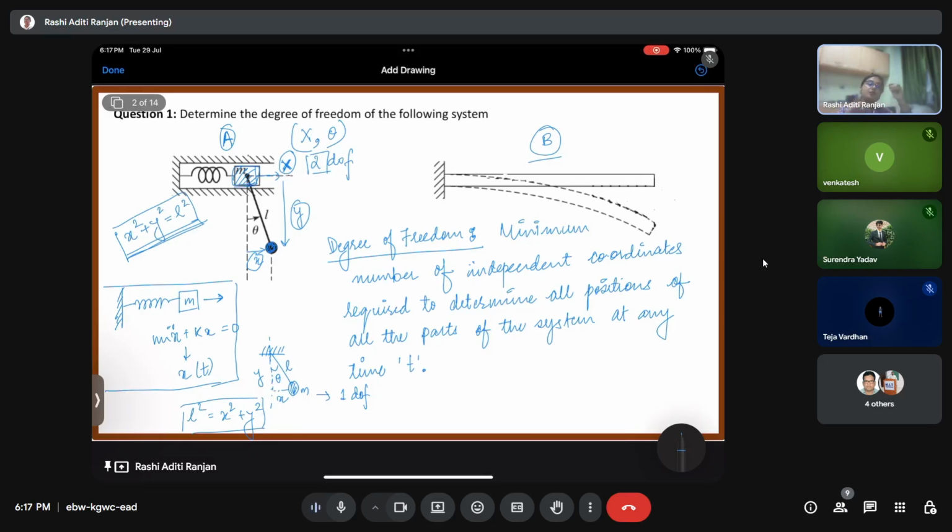And I need to monitor every point's movement in order to know the movement of the other nearby points, right? So if I have infinite point masses, I need infinite equations to find out what the velocity and position corresponding to every mass point is going to be. Okay.